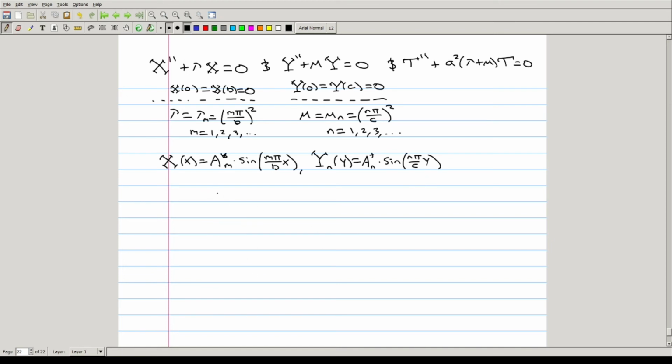But then lastly, for each one of these values of lambda m and mu n, the solution for t is going to in general be c mn times cosine of the square root of this times t.